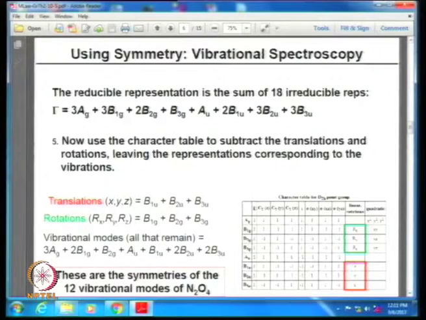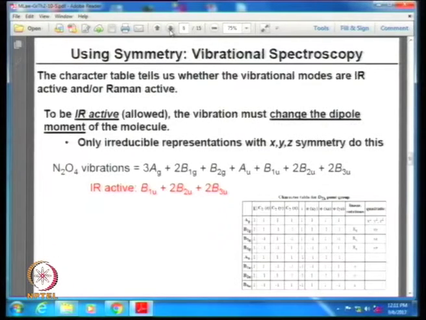This red box is the XYZ box, and that is the only one that really matters to IR. So drop the AG, drop the BG, drop all the G's and drop the AU as well, and you are left with 1 BU, 2 times 2 BU and 2 times 3 BU. And so these are the only things you will get in the IR spectrum of the molecule.